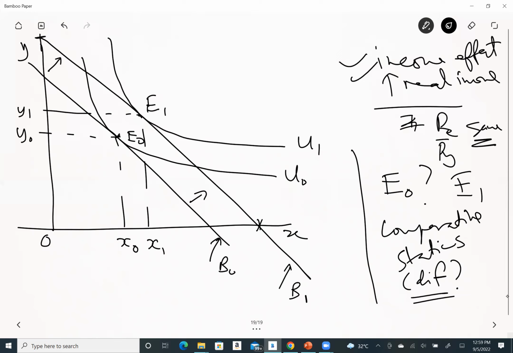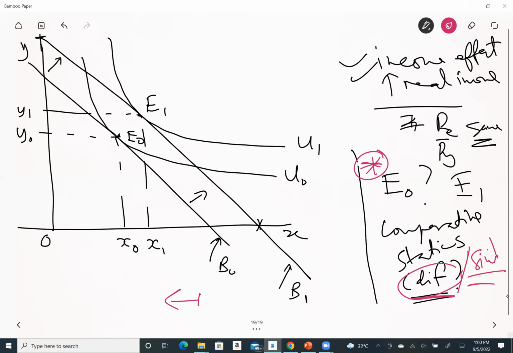I want you to go home, spend a few minutes, do this thing, and then compare it with your price subsidy. What are the differences and what are the similarities? Just look at the differences, and the similarities.